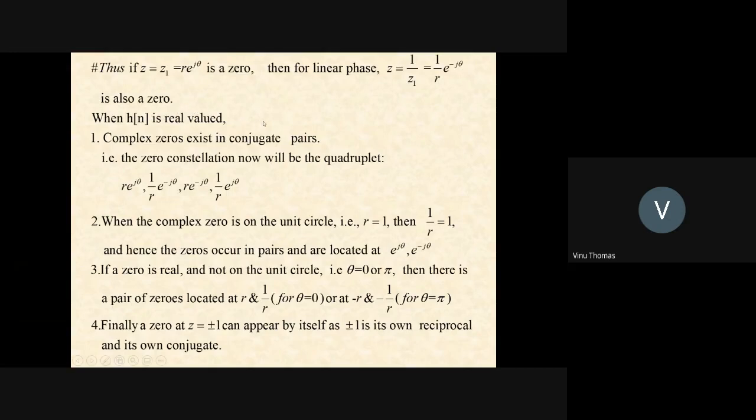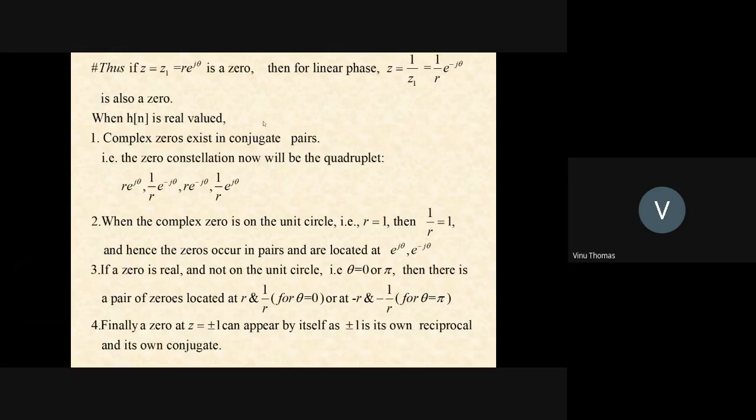Now, if h of n is real valued, which means that all the filter coefficients are real valued, and if you have a complex root of h of n, it means that its complex conjugate root also should exist, right? Otherwise the filter coefficients will not be real valued.